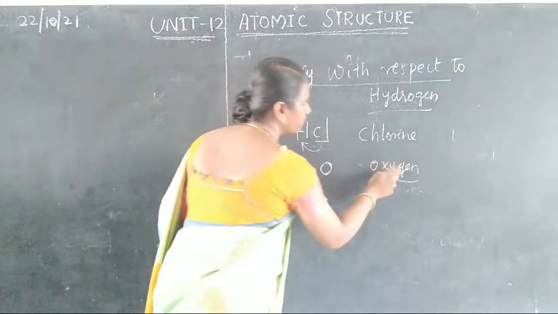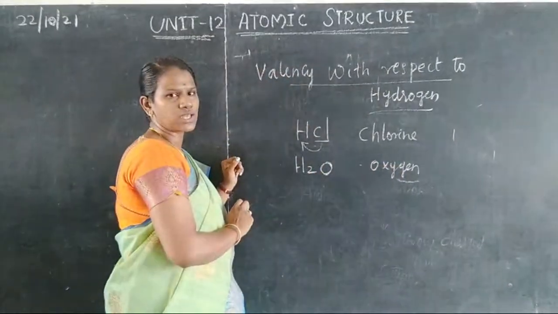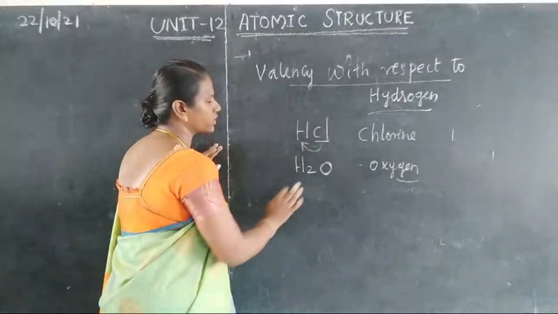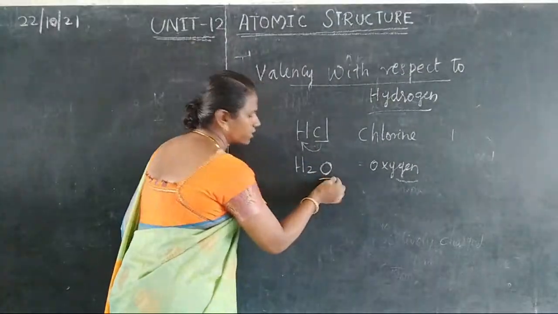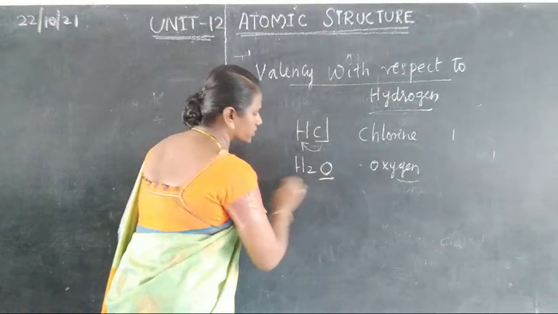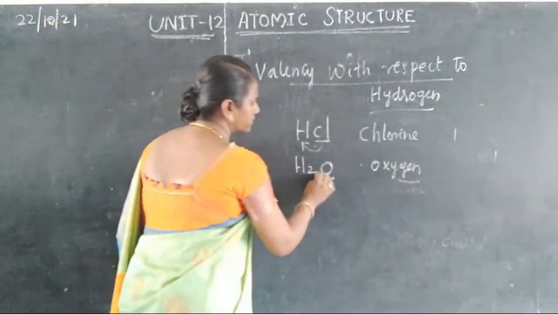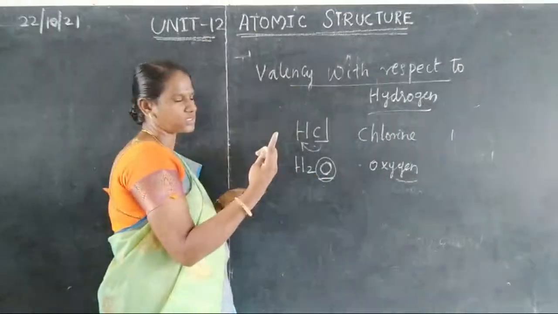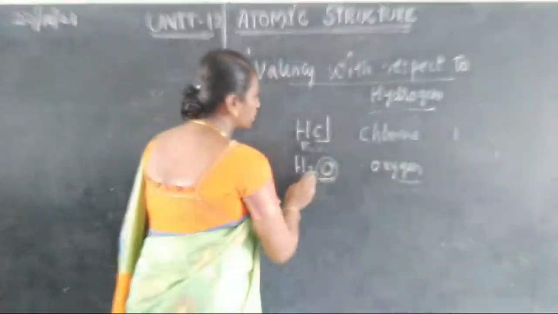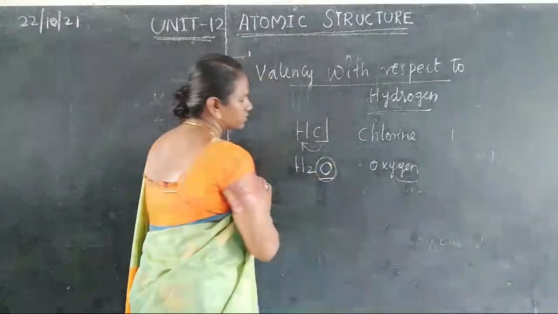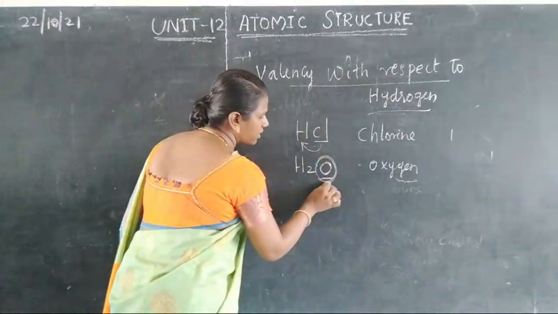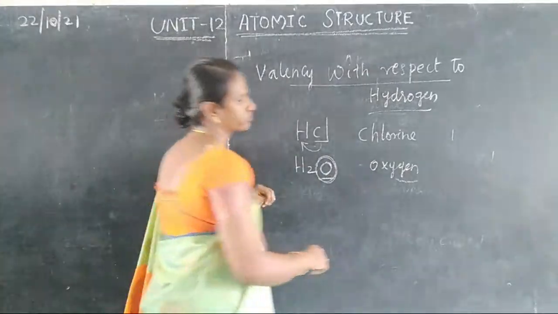So we are going to find out the valency of oxygen. We already know the valency of hydrogen is 1; it is the standard. Since there are 2 hydrogens here, the valency of oxygen must be 2.